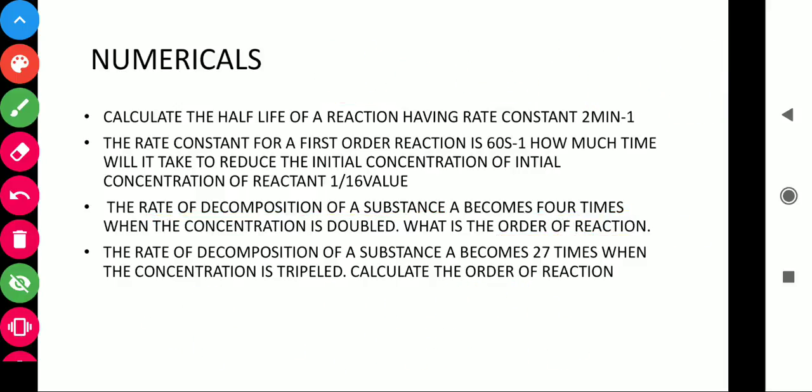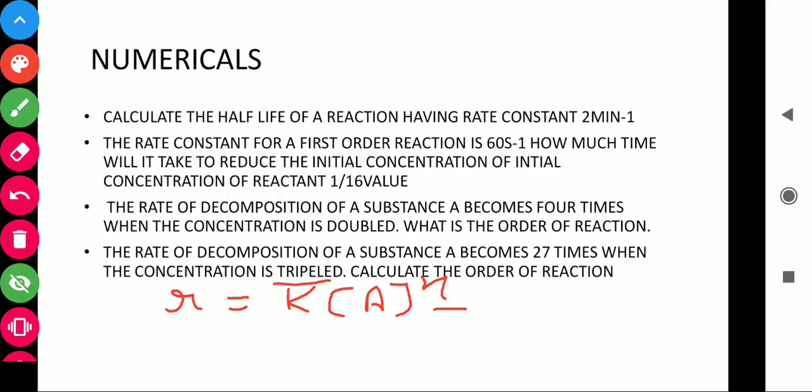The next one. These numericals are very important. The rate of decomposition of a substance becomes 27 times. Again we will write the rate equation. Let's suppose R is equal to K A to the power X. Again we do not know the order.